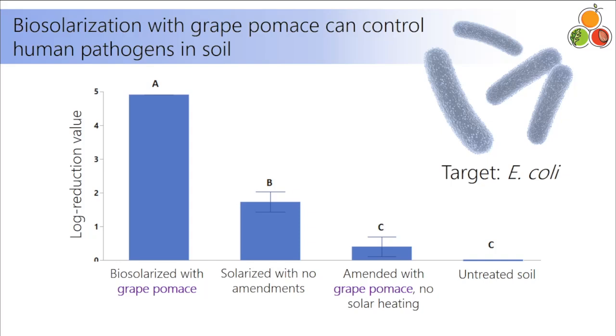And again, this is a synergistic effect. So it is much higher than what you would get if you just solarized or used solar heating alone with no amendments, or if you just put the grape pomace into the soil but don't solar heat it. So like we saw with the tomato pomace, it's the synergistic action of those stresses that's really effective in knocking out this pathogen.